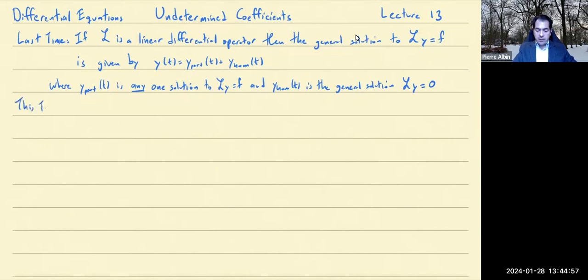This time, we're going to talk about one particular method to find one particular solution.